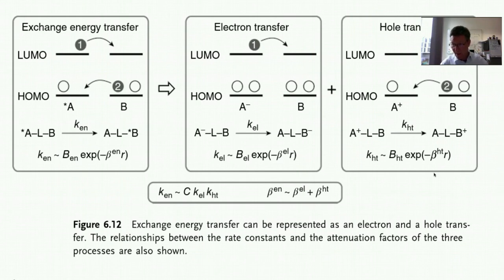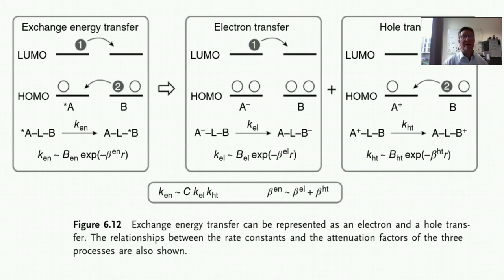And the beta that is applicable here can be slightly different from the one from the electron transfer case. So the hole transfer can have a different distance dependence as compared to the LUMO-LUMO electron transfer. So the energy transfer rate is correlated to this beta, and that approaches the sum of the two processes. So it's like a factor 2 if they are identical.